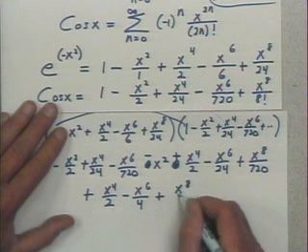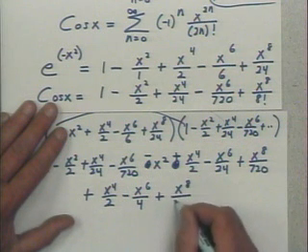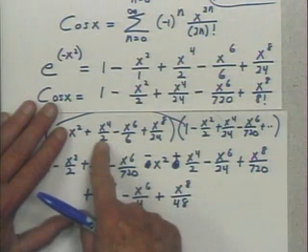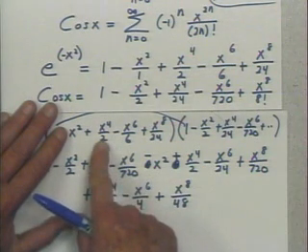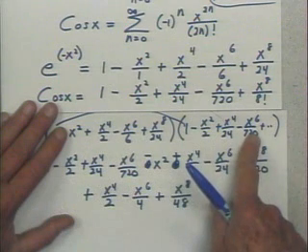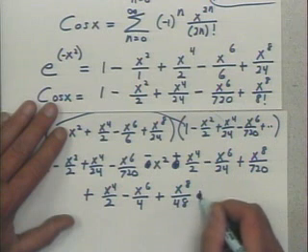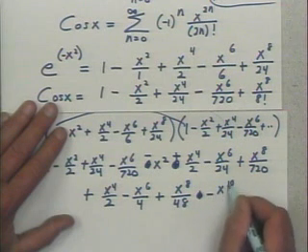X to the 8th over. And the next one, x to the 4th over 2 times x to the 6th over 720. It's going to be minus x to the 10th over.